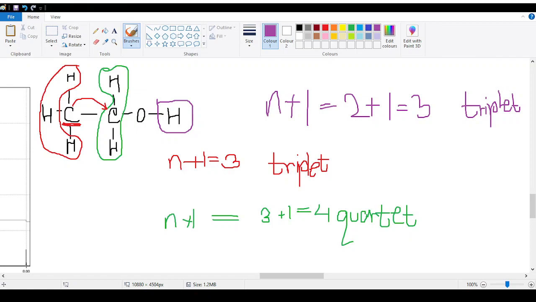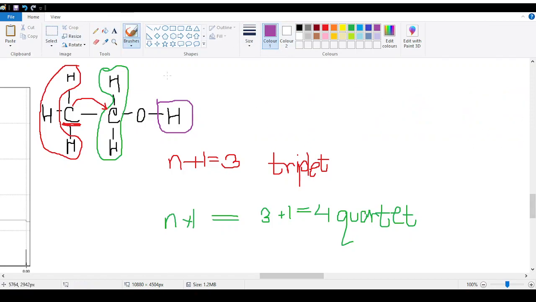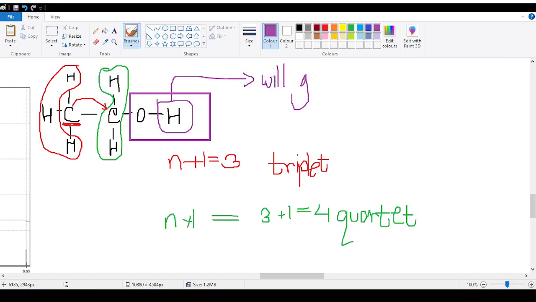Okay, one more thing, my mistake. So for OH, please listen to this carefully. For OH, the hydrogen will give you a peak, but there will be no splitting, just a single peak.